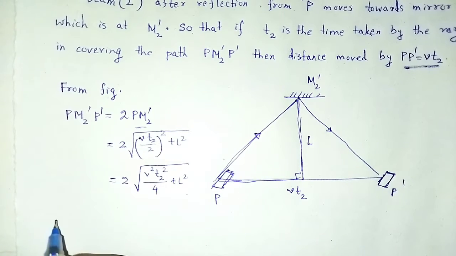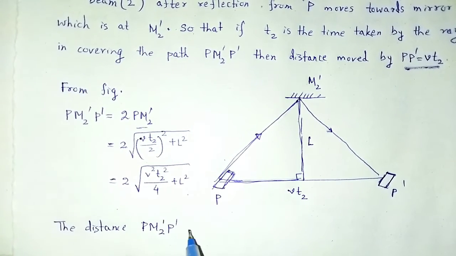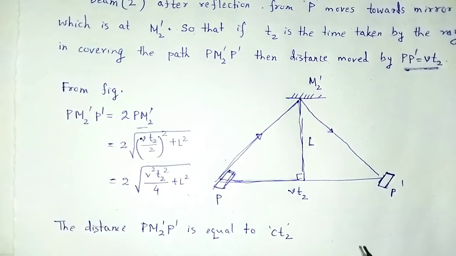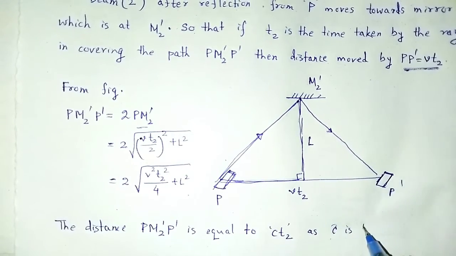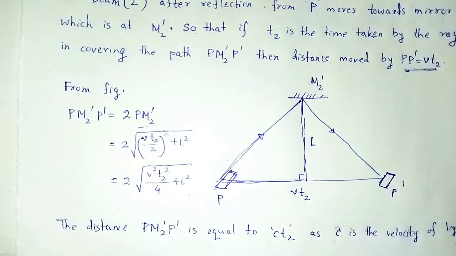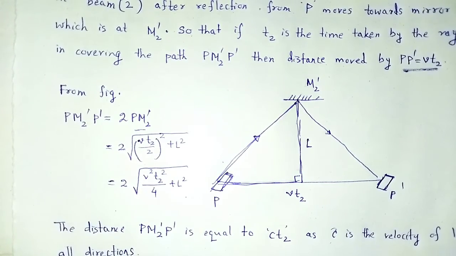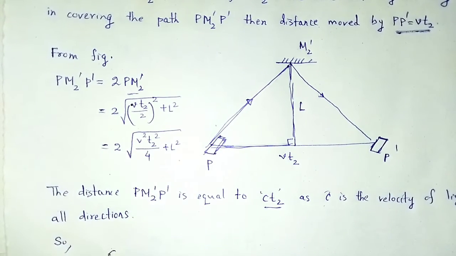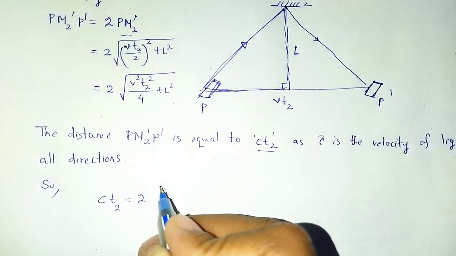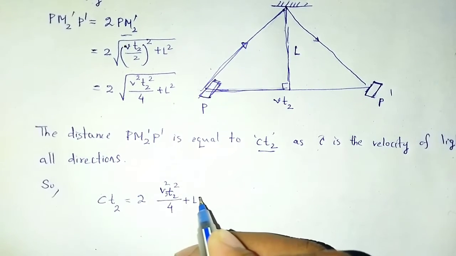Since the distance P M2 dash P dash is equal to c T2, as c is the velocity of light in all directions, c T2 is equal to 2 times the square root of V square T2 square divided by 4 plus L square.